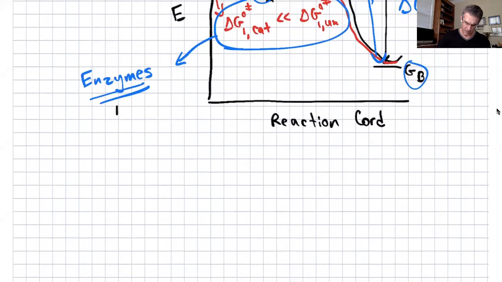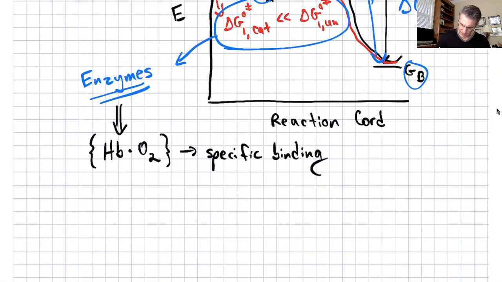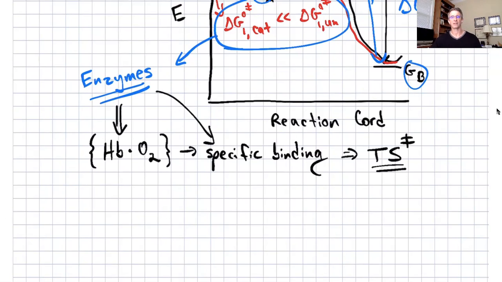If you think about what we've just studied before we got to this topic, hemoglobin binding oxygen, or you remember some things from your undergraduate biochemistry, you'll know some of the reasons why enzymes are able to do this so well, because they're using the same idea here, this highly specific binding. But enzymes are recognizing features of the transition state, which is sometimes abbreviated TS, sometimes TS double dagger, or just TS.